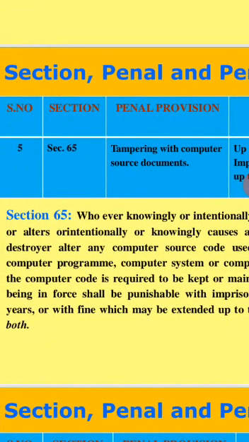Whoever knowingly or intentionally conceals, destroys or alters, or knowingly or intentionally causes another to conceal, destroy or alter any computer source code used for a computer, computer program, computer system or computer network, when the computer source code is required to be kept or maintained by law for the time being in force, shall be punishable with imprisonment up to 3 years, or with a fine which may extend up to 2 lakh rupees, or both.